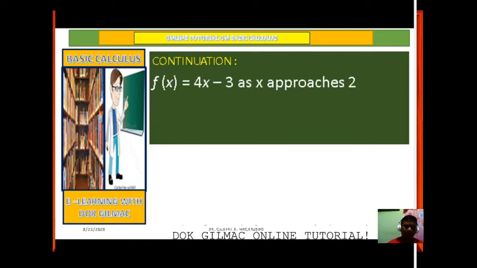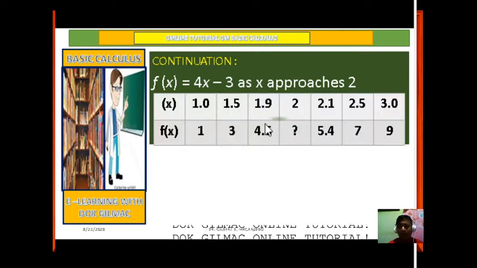f of x is equal to 4x minus 3 as x approaches 2. Consider the table below between x and f of x. From the left of 2, from the values of x that range from 1.0 to 1.9, f of x here comes closer to 5, since 4.6 here is approximately equal to 5.